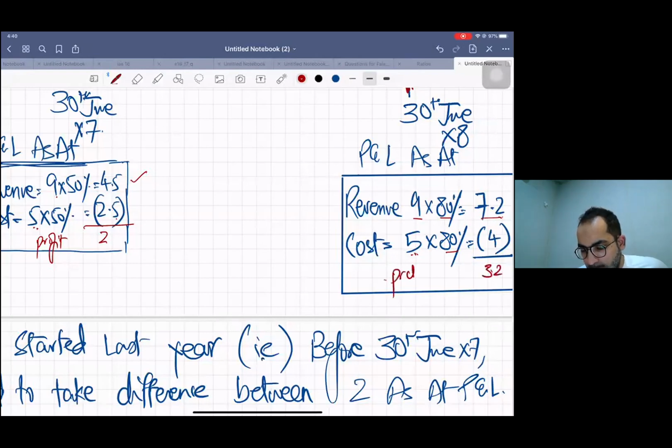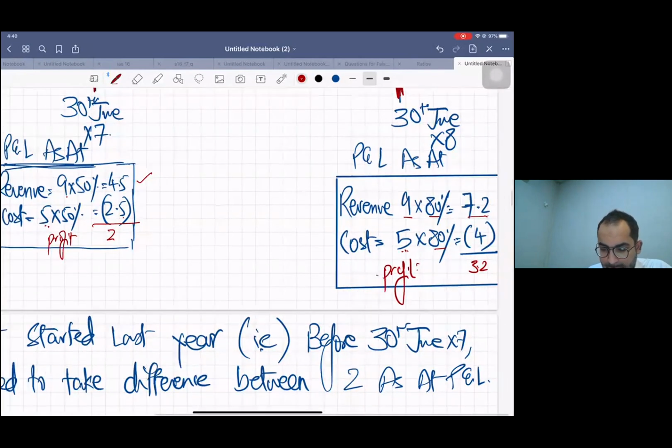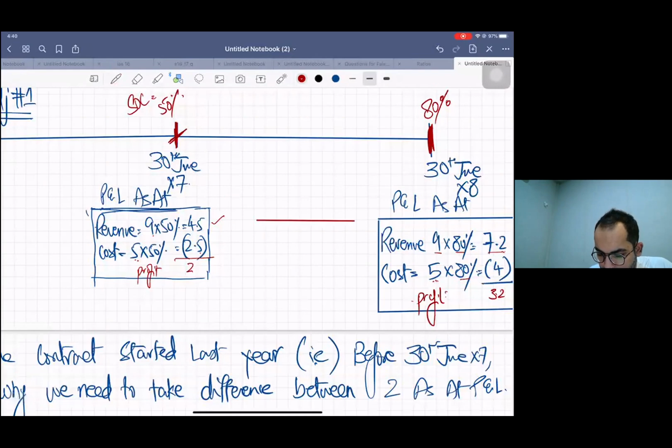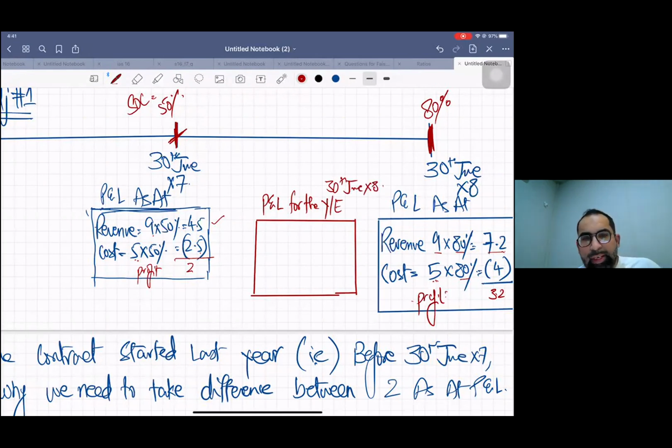Okay. Now, if you want to make a for the year PNL, look at here. Then simply take the difference between these two PNL.